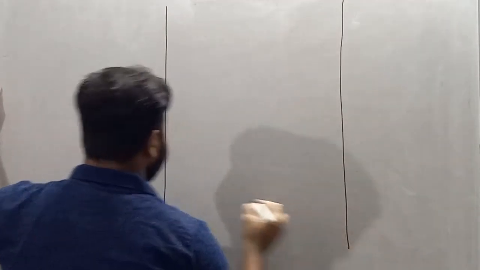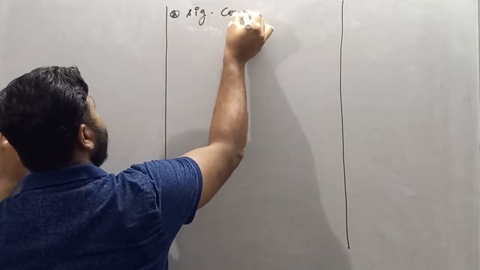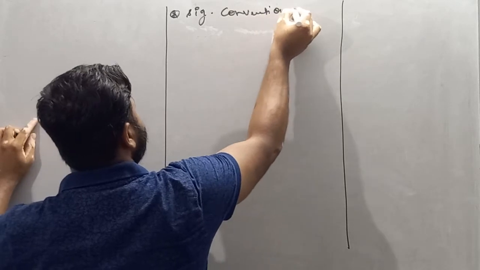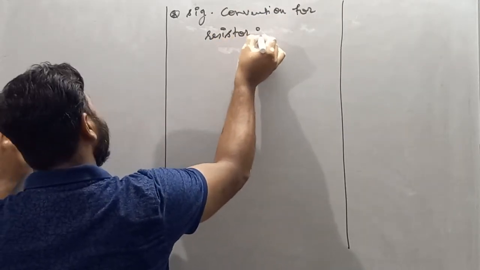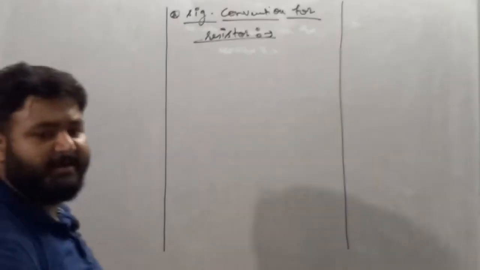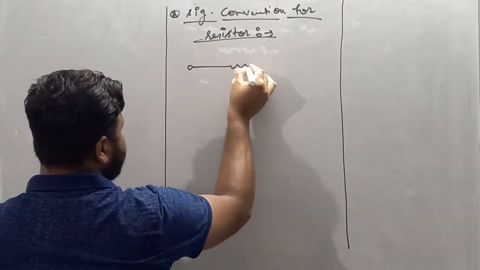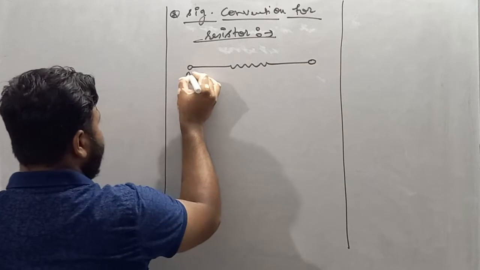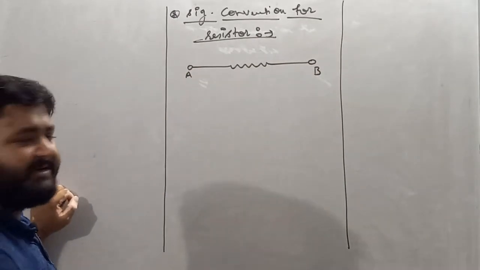So dear student, I am talking about the sign convention for resistor. Let's suppose we have a resistor, and every resistor carries two different terminals, or we can say two different ends.